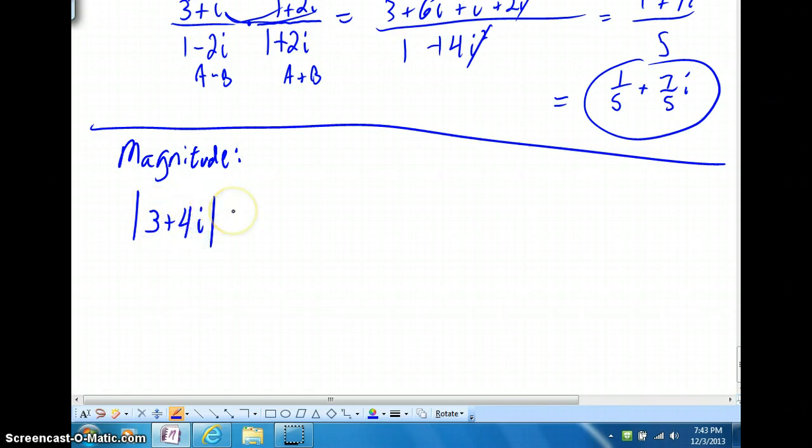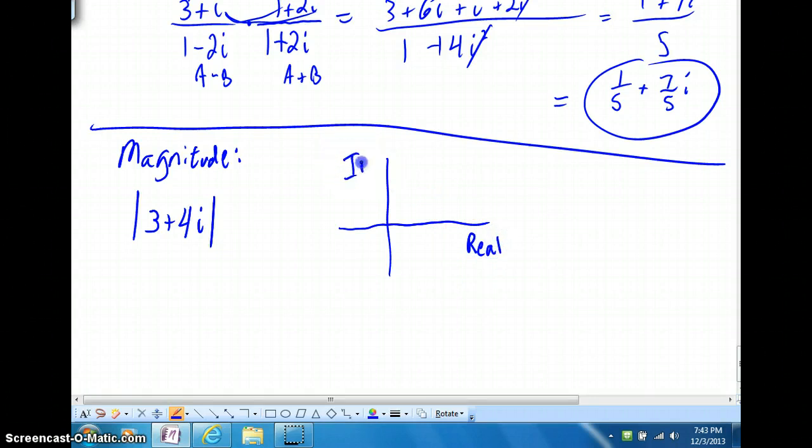Now, before, the absolute value that we were using just with real numbers was measuring the distance a number is from 0. The absolute value here is measuring a distance as well.